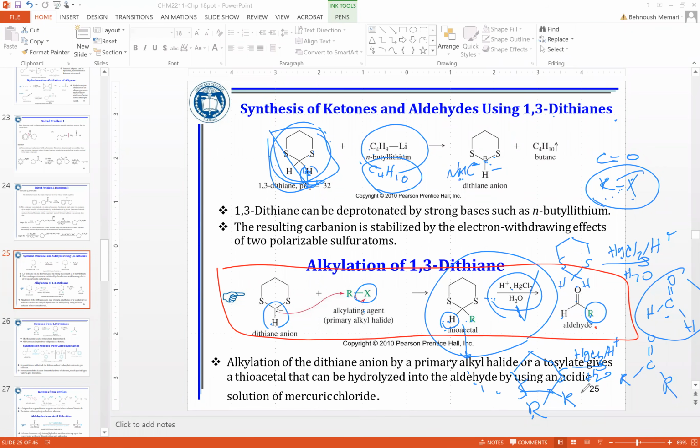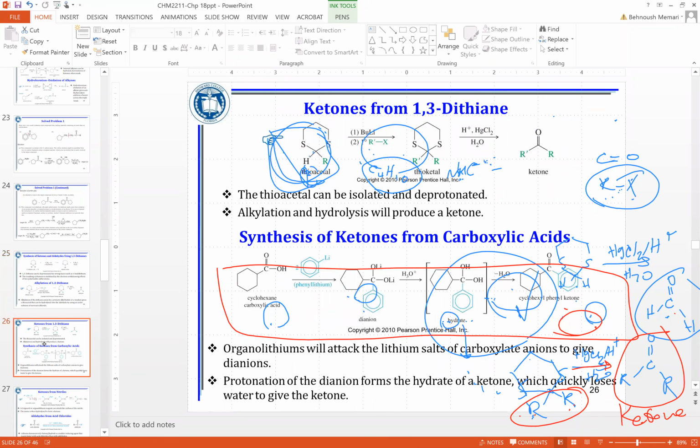If you remove both hydrogens and replace with R groups, then hydrolyze, you would get a ketone. So you can get aldehyde, ketone, or formaldehyde from dithiane. Well, dithiane is not the only method, but it is one of the methods.